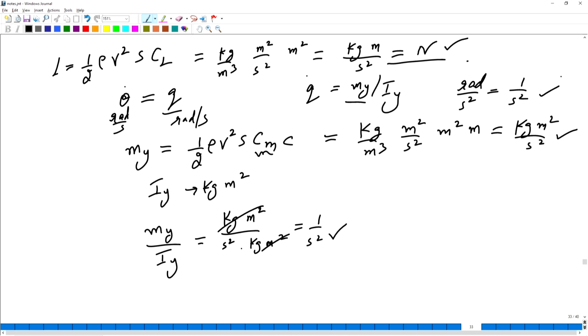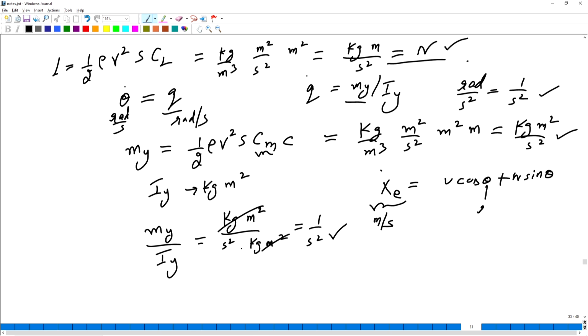All right. Now, the final one on the left is X dot E. X dot E is given as U cos theta plus W sin theta. So this unit should be meters per second, so velocity.